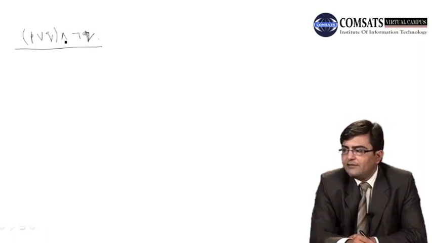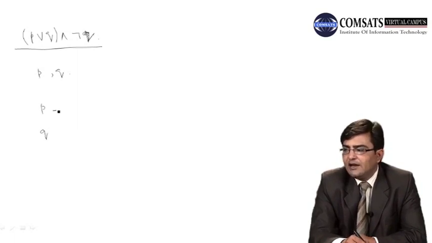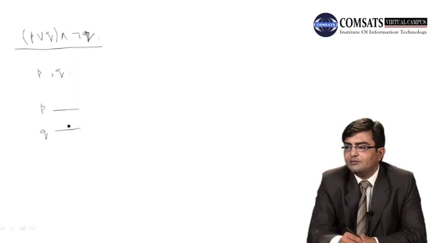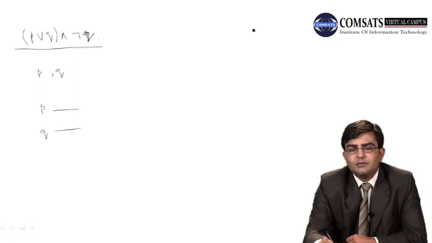So we have two propositions here. First of all, we have to decide how many propositions we have. We have two propositions here, P and Q. So we write them as P and Q, and we draw two lines corresponding to P and Q. Now you must know the order of preference of logical operators or connectives.